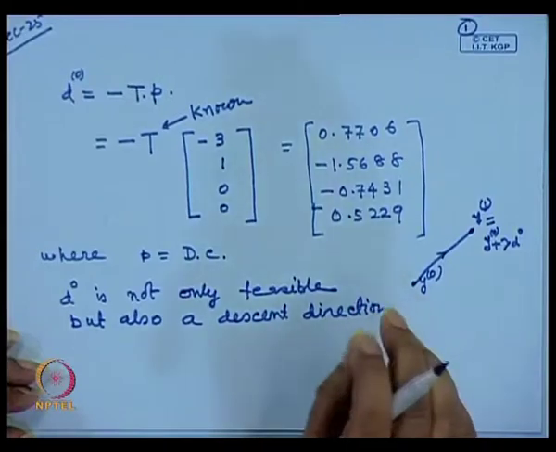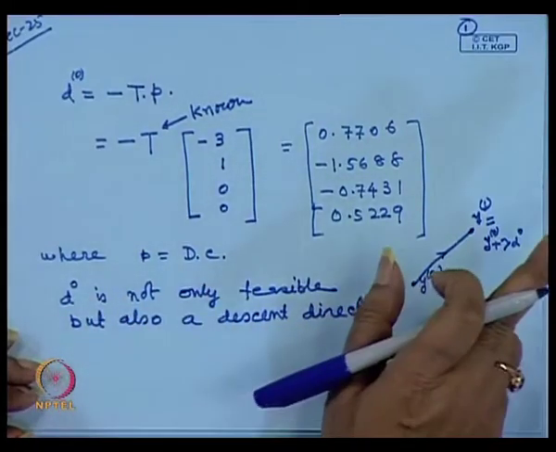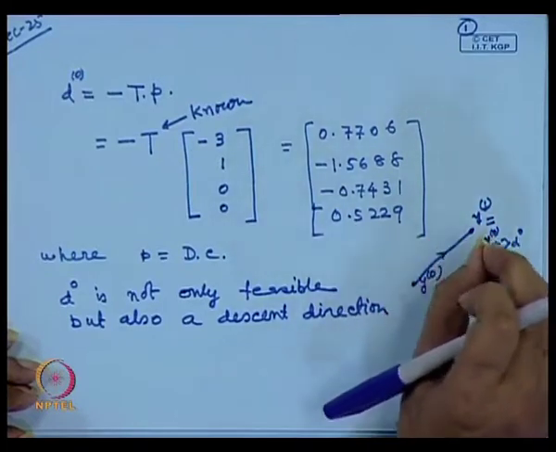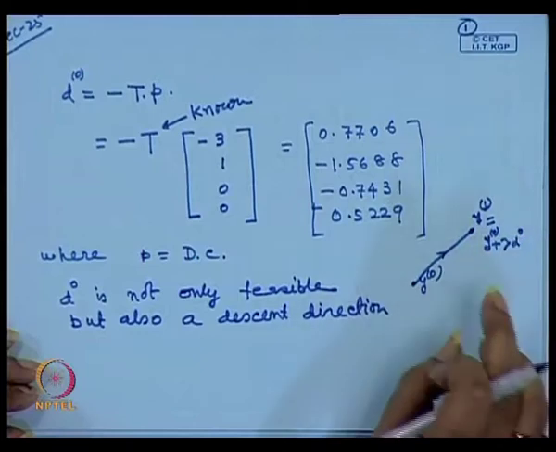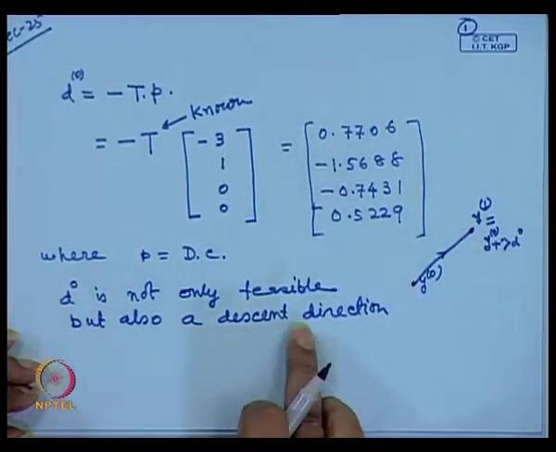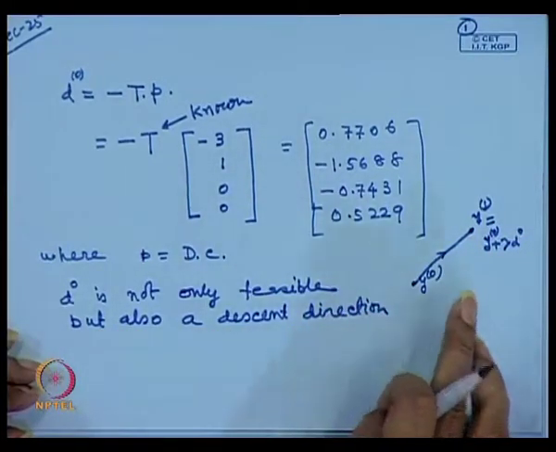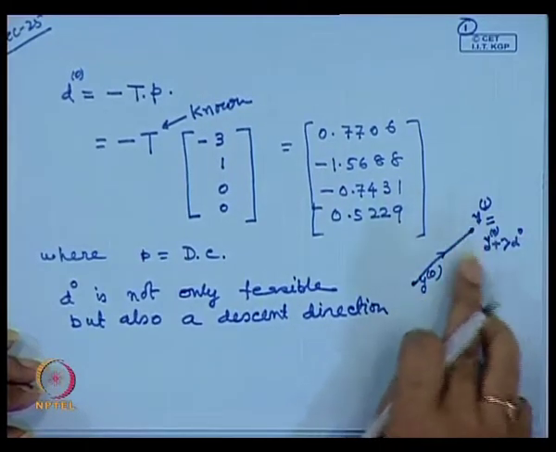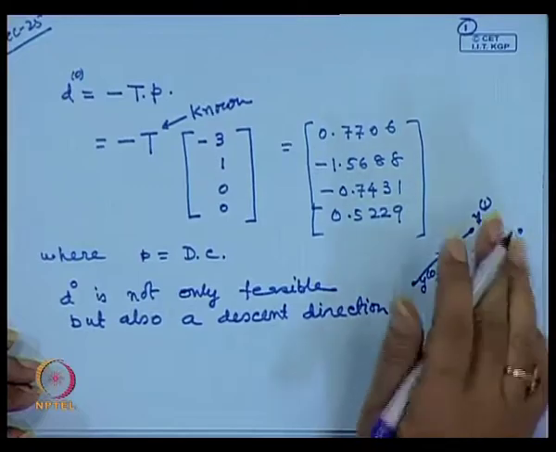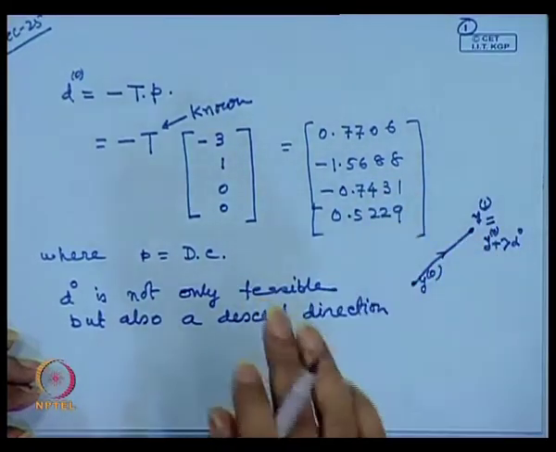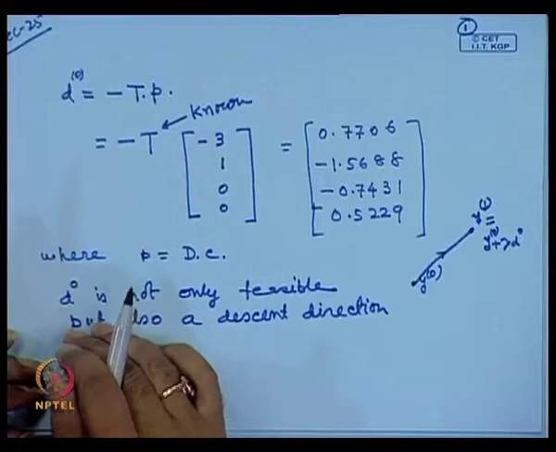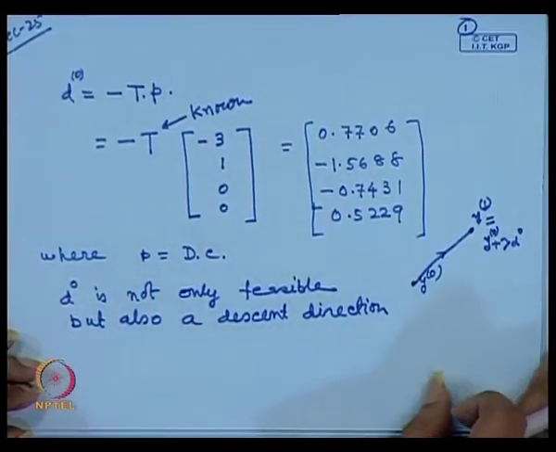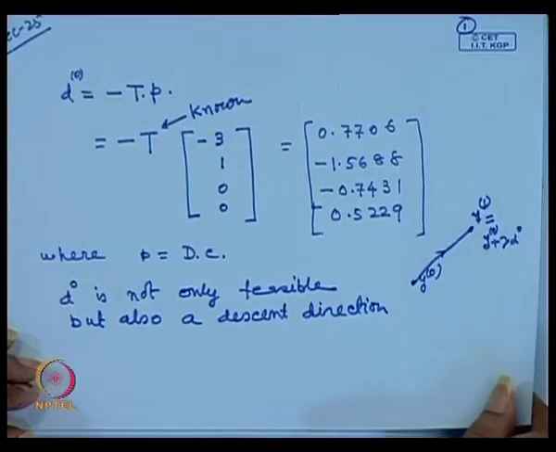Means if you move in d 0, the point you get from y of 0 is an interior point, agree, as well as the function value also decreases. For that, you have to choose lambda in such a way that y of 1 will be inside the interior, and we already explained these things earlier.